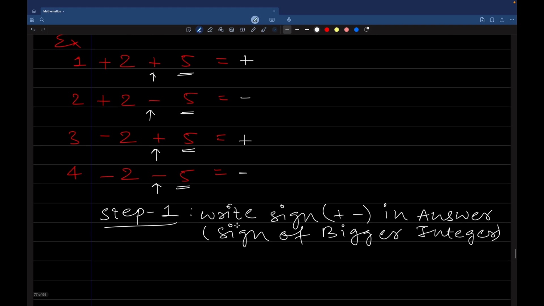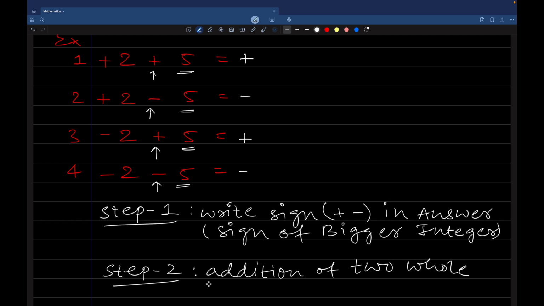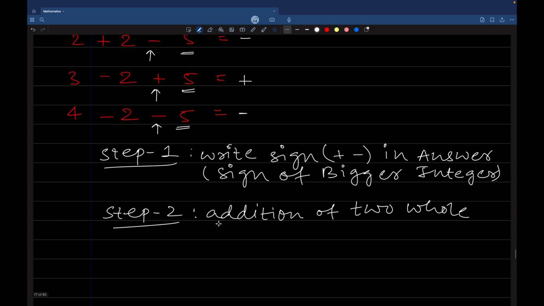Now step 2, perform addition, simple addition of two whole numbers, if both signs are the same.